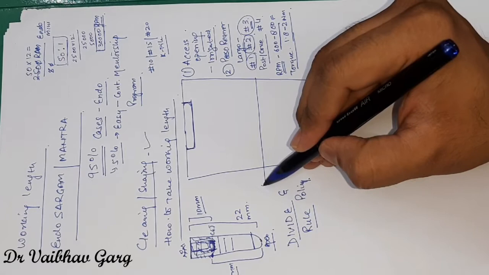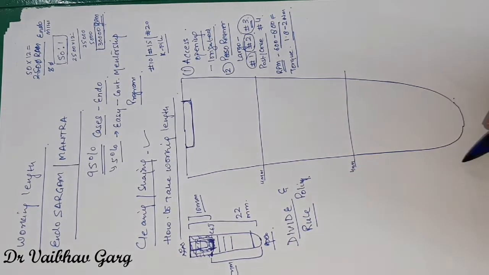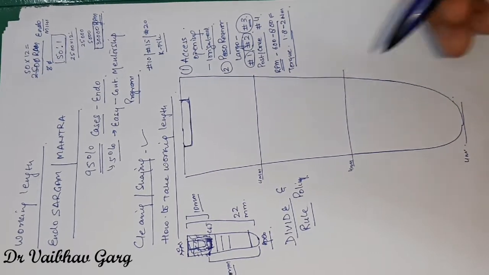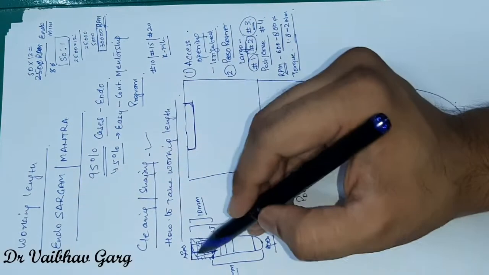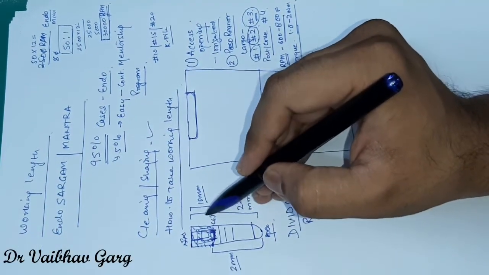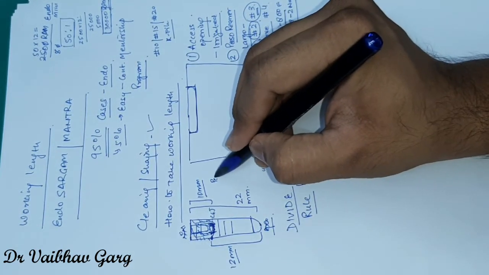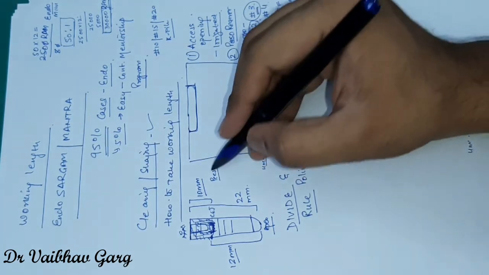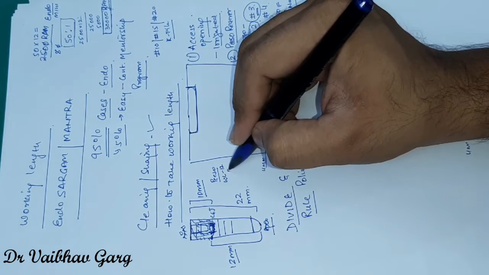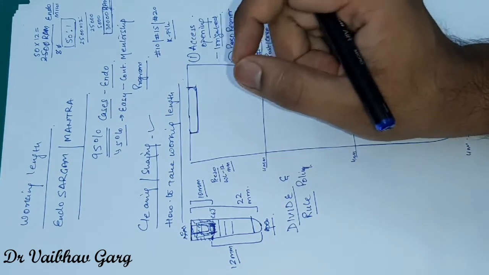So this has to be 4 mm, 4 mm, and till here 4 mm. If this is 10 mm of my tooth and I am keeping my piezo reamer at a working length of 12 mm, the first will be the 12 mm sequence.